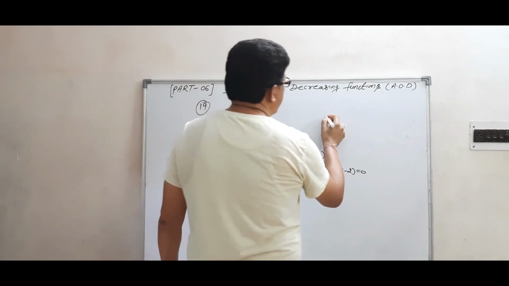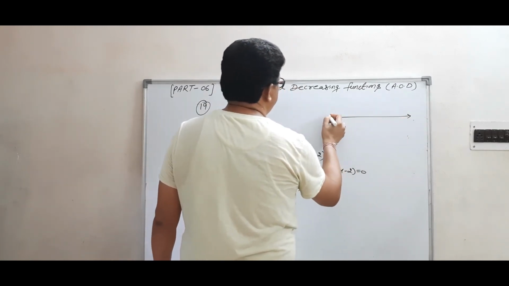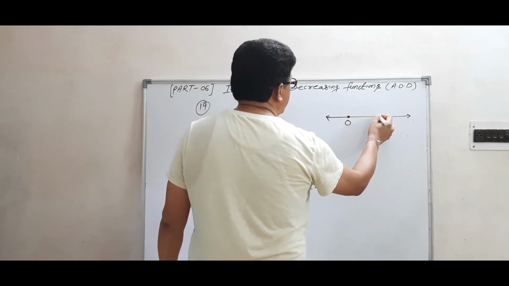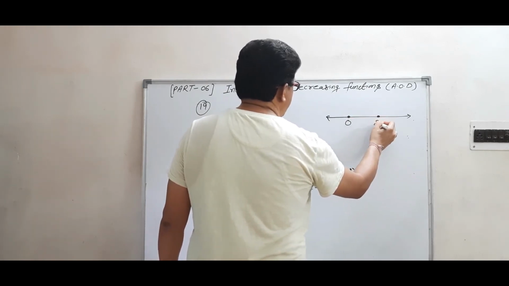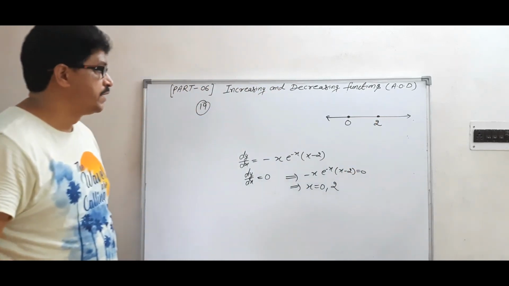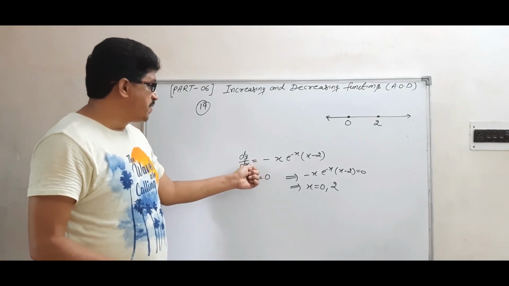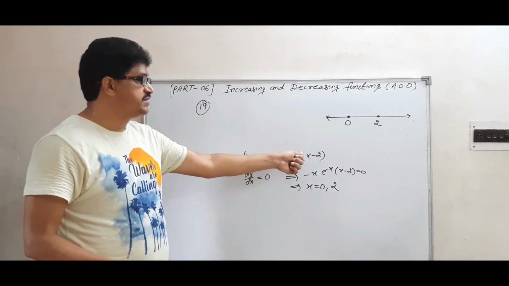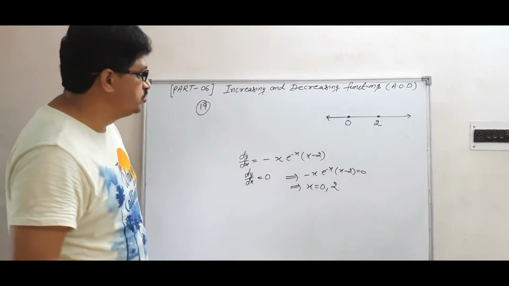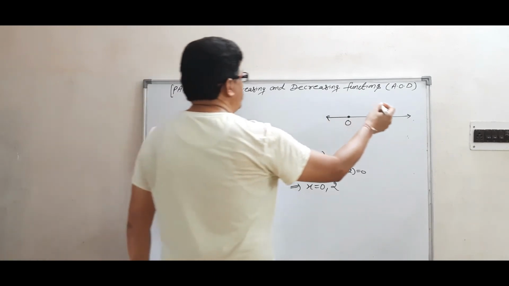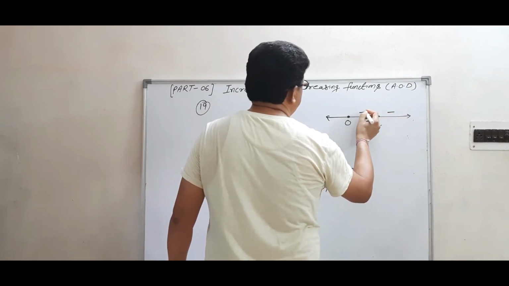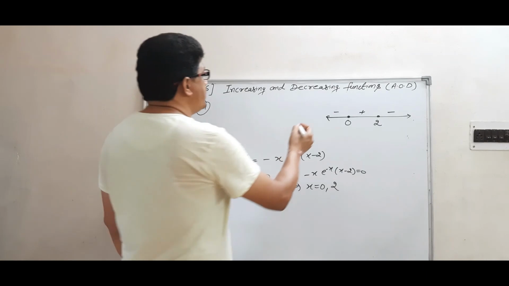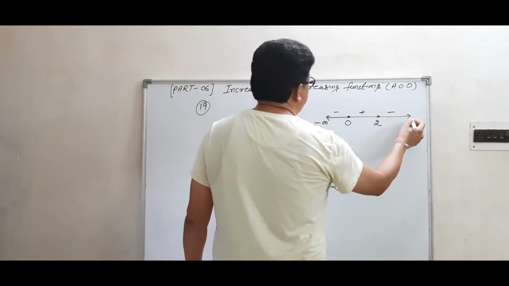Now use the number line. 0 and 2. But dy by dx has a minus sign outside, minus x, e raised to minus x, x minus 2. So we have to start from minus sign, plus, minus. Here we have minus infinity, here we have plus infinity.